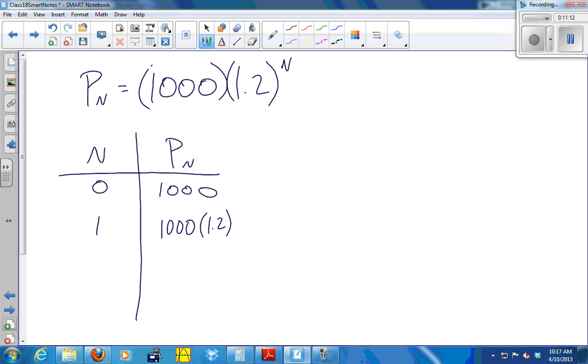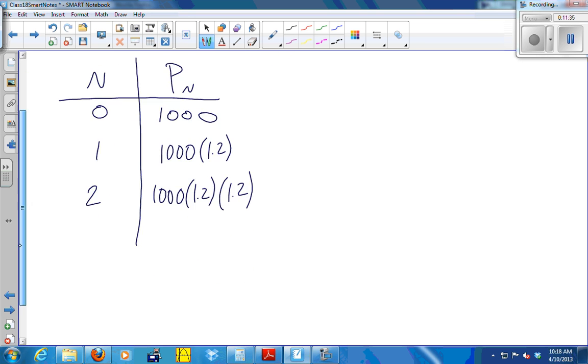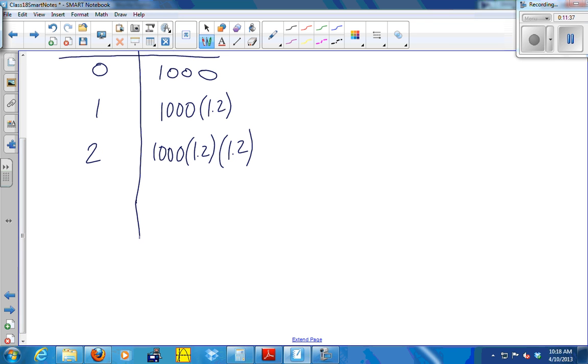And then in year 2, you take what you had in year 1, 1,000 times 1.2, and you multiply it by 1.2, right? So I'm just not doing the calculation out. Instead of writing 1,200, I'm leaving it written as 1,000 times 1.2. And then to get to year 2, you take what you had in the previous year, multiply by 1.2 again.